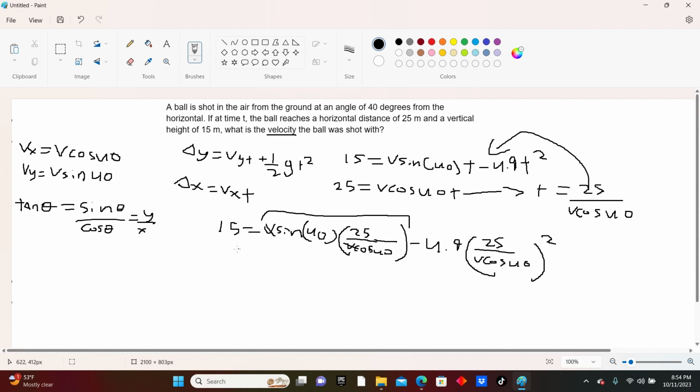So this simplifies to 15 equals 25 tan 40 minus 4.9 times 25 by v cosine 40 squared.